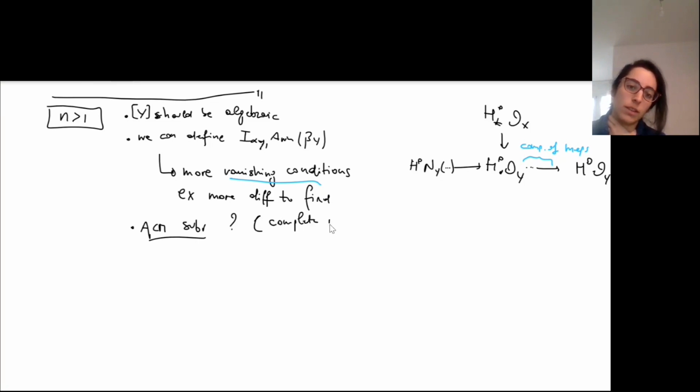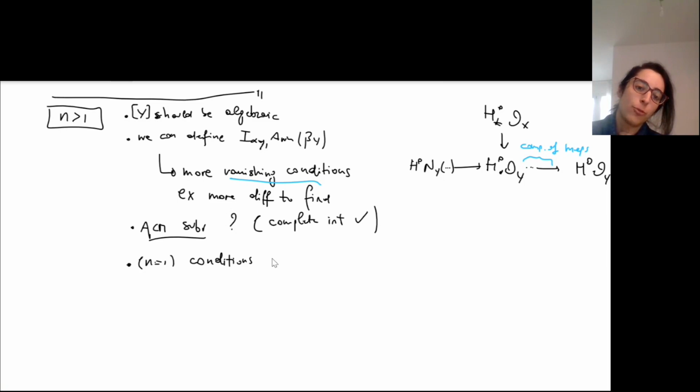Yes, they are perfect. And we still, also for n equal to 1, do not have a condition for, let's say, general reconstruction.